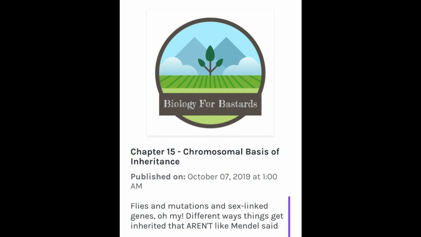Now this brings us to some exceptions to Mendelian inheritance. Mendelian inheritance, again, is things that follow Mendel's principles. There's some weird stuff that goes on, like genomic imprinting, and this is kind of epigenetics.